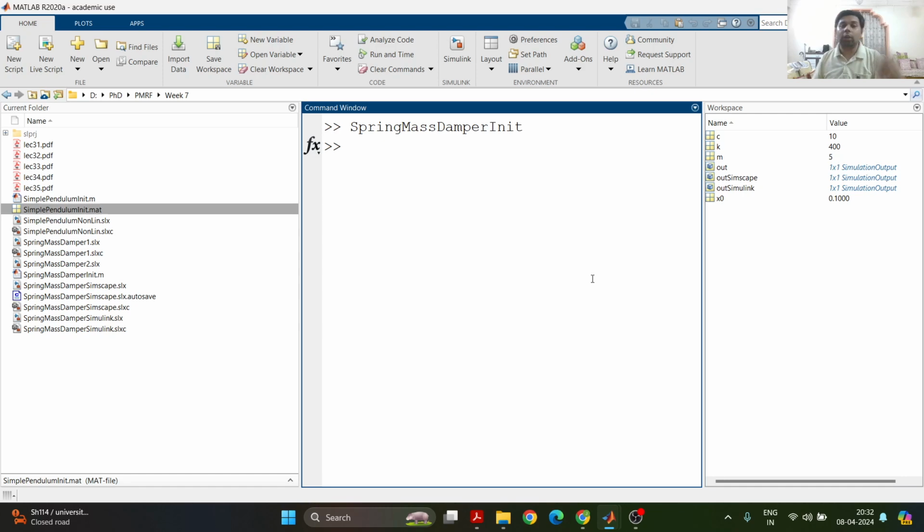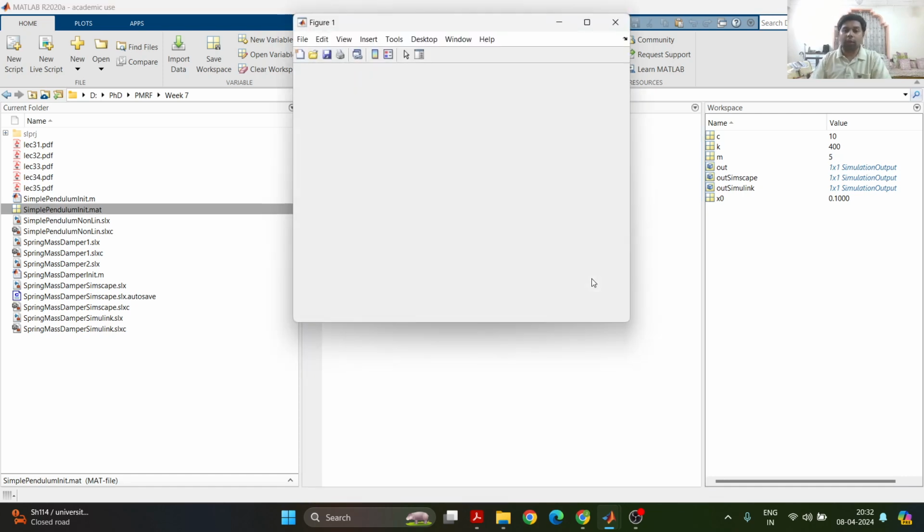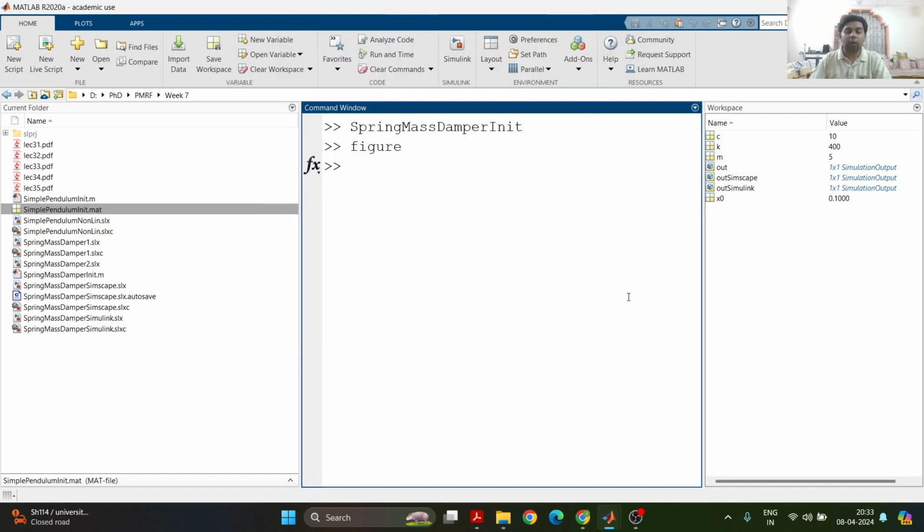Yeah. So we now have the outputs of both the Simulink and Simscape models. So we can compare them by plotting them in a common figure.